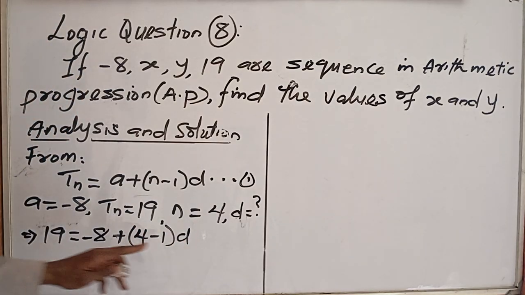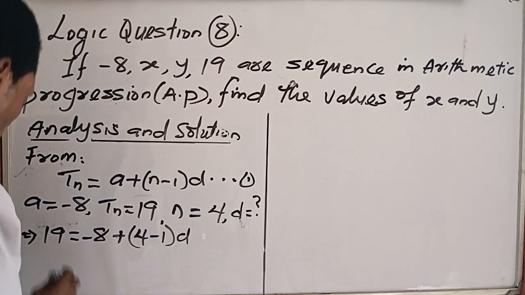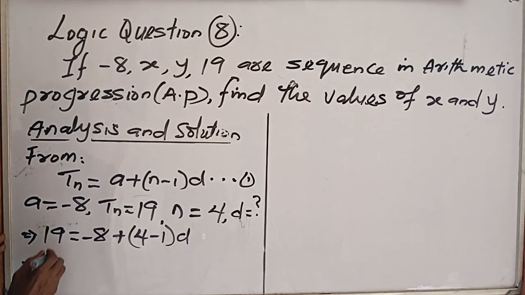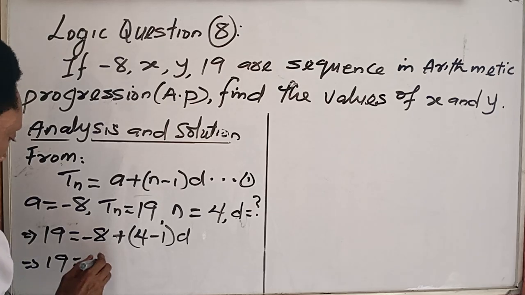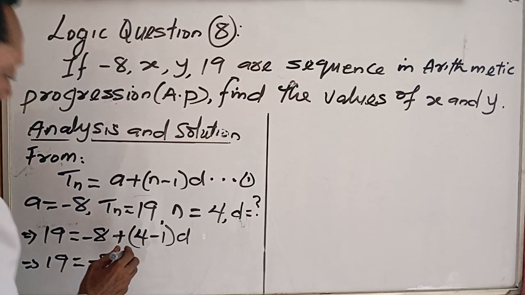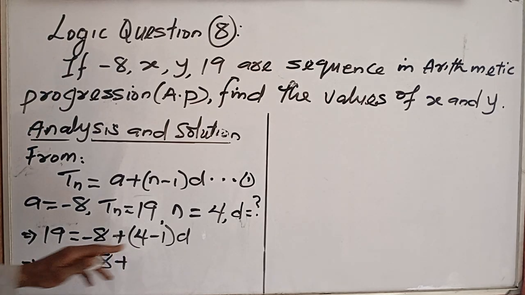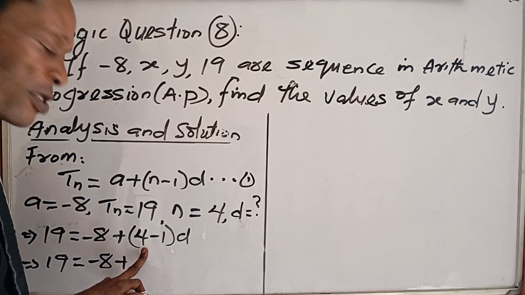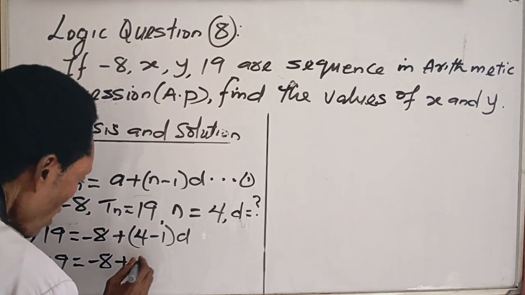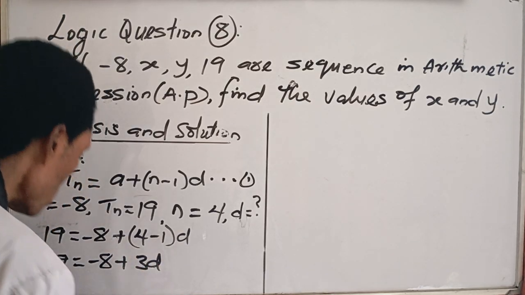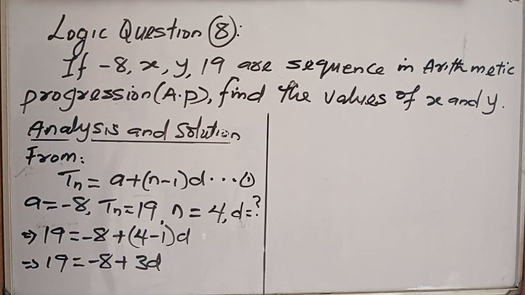You can now see that it's d that we will be looking for. So 19 equals minus 8 plus, this 4 minus 1 will give us 3, 3 times d will give us plus 3d.